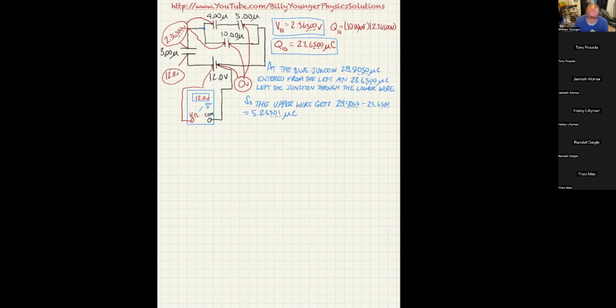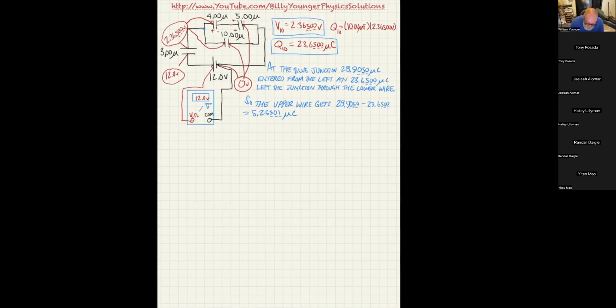Okay, so we now know that 5.255 microcoulombs is going to balance itself on the left-hand plate of the 4 microfarad capacitor. And that's going to scare away the positive charges on the right-hand plate. And therefore, that plate's going to become equally negative. And that's going to force the left-hand plate of the 5 microfarad capacitor to have 5.25501 microcoulombs as well.